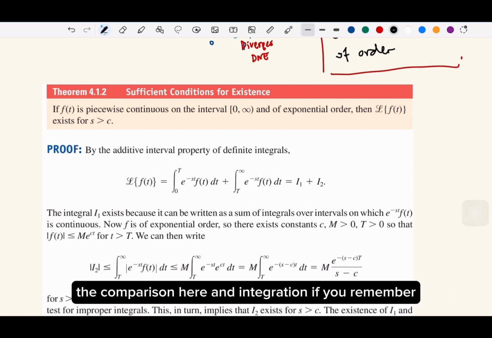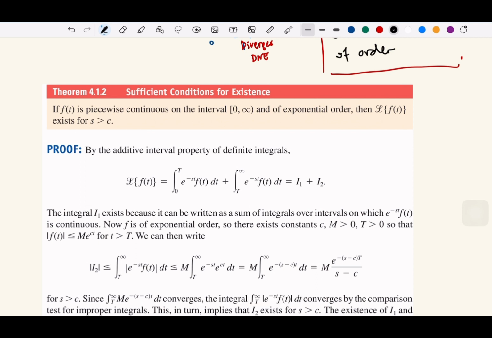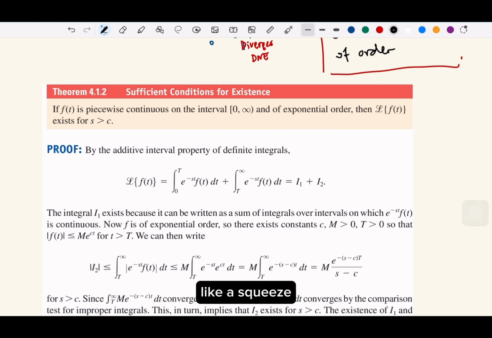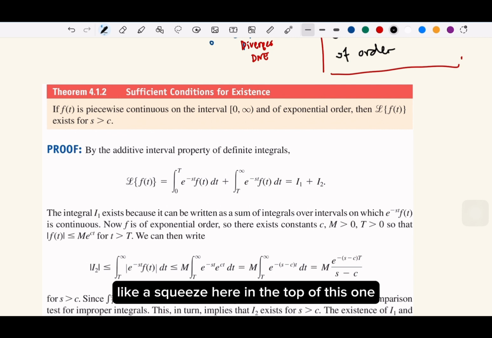Basically we are using the comparison theorem in integration, if you remember, but I don't think so. This is actually just like the squeeze theorem in Calculus 1. So we can use the squeeze theorem in integration; we call that the comparison theorem.